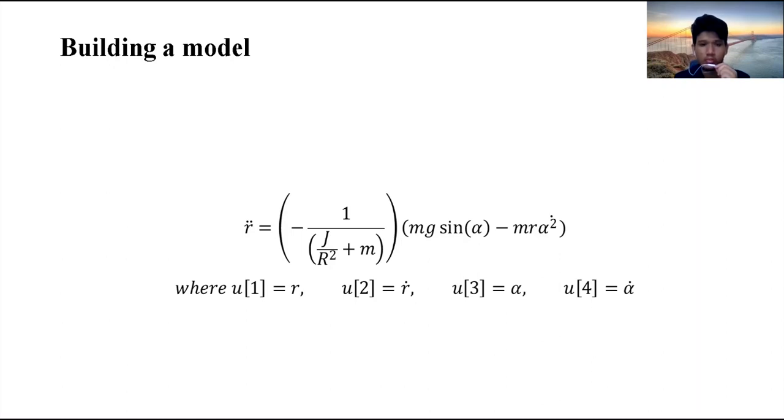First, to build a model, create a blank window. After that, insert an integrator block from the Continuous library, connect them to each other, and label it as d/dt R. After that, insert an Out1 block from the Sinks library, connect it to the first integrator, and label it as R. Single click on it to change the label to R. Insert an Fcn block from the User-Defined Functions library and connect it to the second integrator.